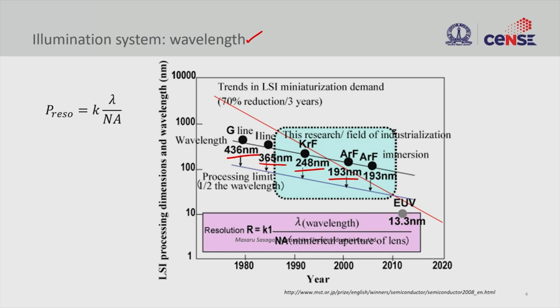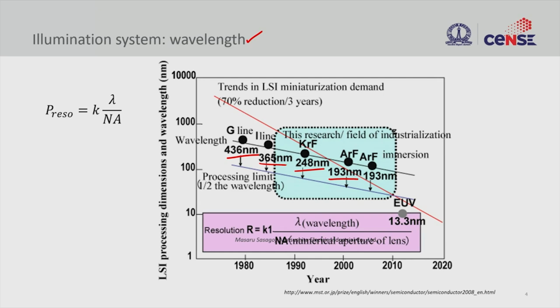Briefly there was some exploration to go to 157 nanometer, but due to various technical difficulties in photoresist development and stability and economy of scale and so on, that did not catch on.